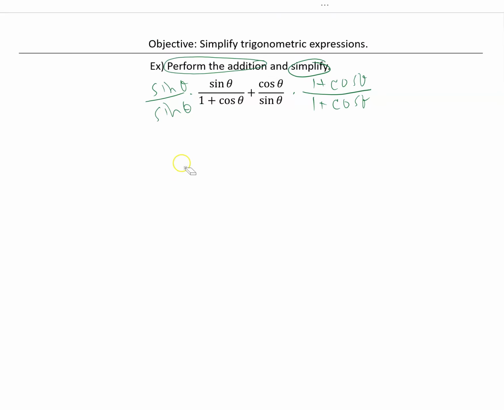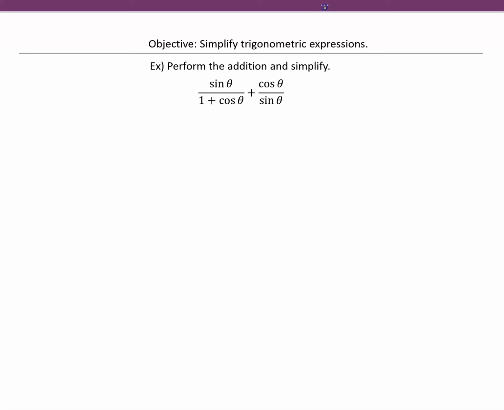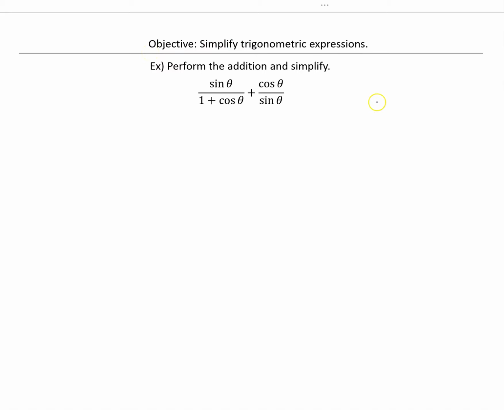We need to realize that if we go back to the idea of our Pythagorean identity, we have sine squared equals 1 minus cosine squared. 1 minus cosine squared is a difference of two squares, and that factors into 1 plus cosine and 1 minus cosine.